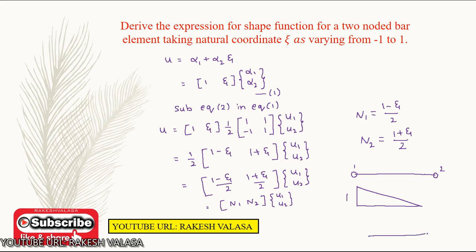From 0 to 1, this is starting from 0 and increasing to 1. This is the shape function for the given two noded bar element. You can also draw it like this, taking -1 below also, from -1 reducing to 0, next 0 to 1. This is -1, this is +1.